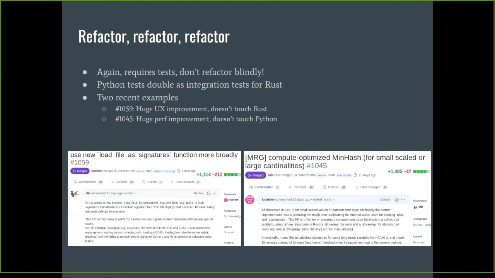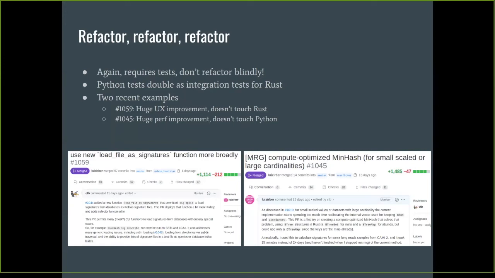A consequence of this is that a very good strategy is to refactor all the time. But you can only do that if you have a lot of tests and you can have some reasonable confidence that what you're refactoring is actually correct.